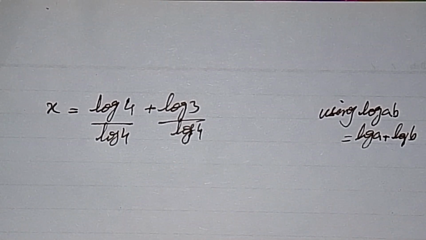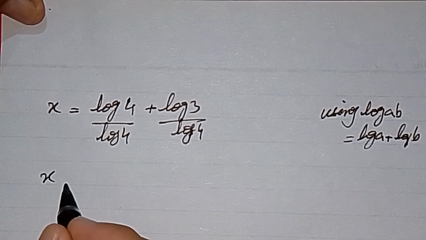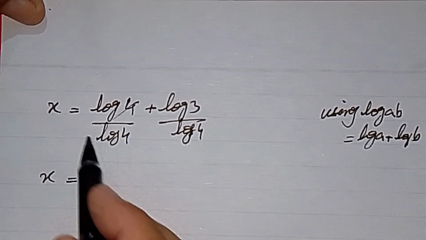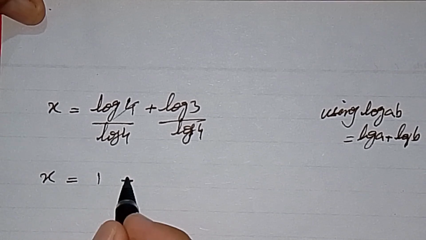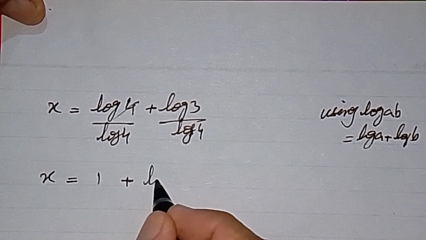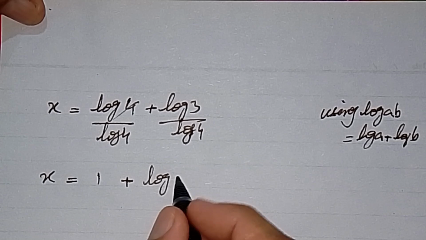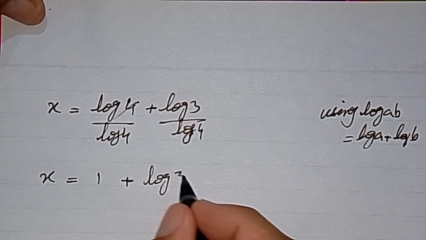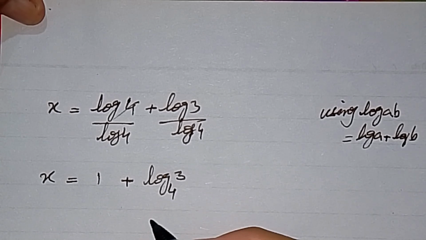Now x is equal to 1 plus log 3 base 4, as log 4 is cancelled.